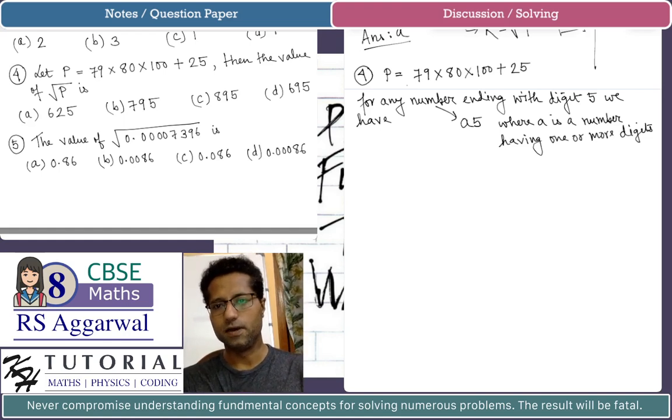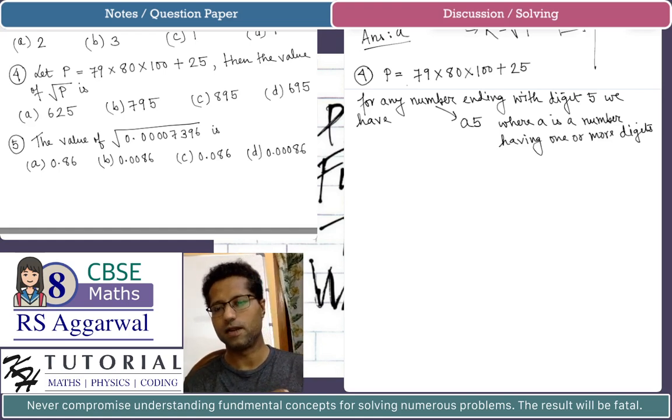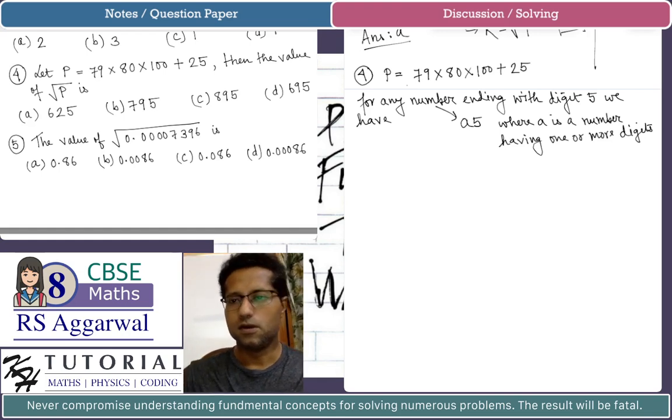Since I'm just discussing the concept, any number that ends with the digit 5, we can always express as A5, where the 5 is the rightmost digit, that is the digit at the units place, and A is the number formed by every other digit to the left of the digit 5, that is, A is a number having 1 or more digits.